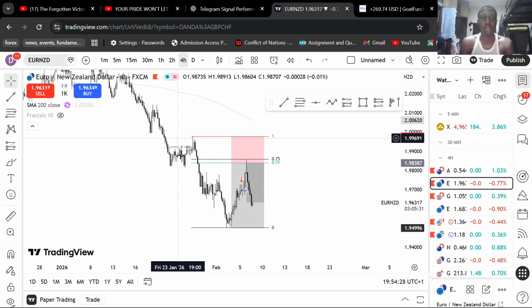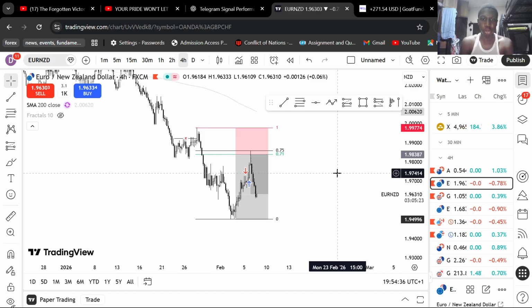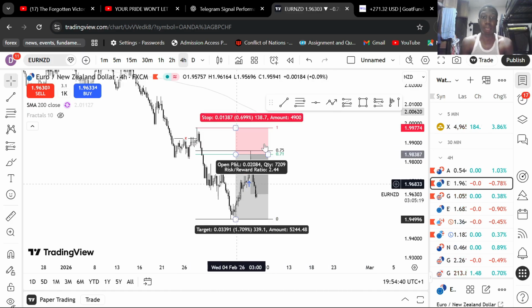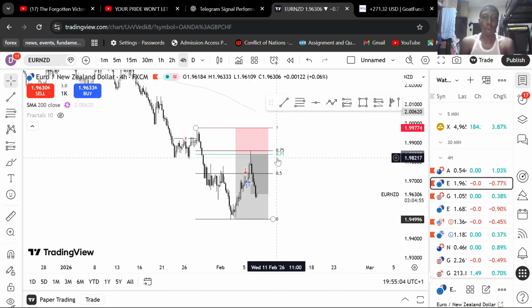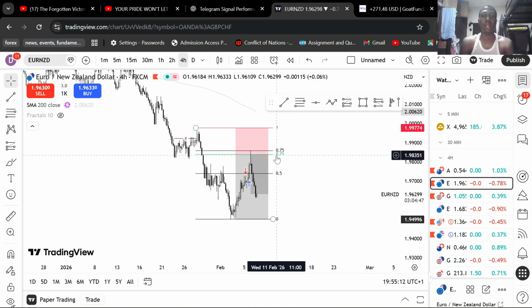We had a sweep of liquidity and the formation of the swing high and the swing low. So I just dragged my Fibonacci tool and put my limit order on the 0.71, which is above the 0.5, which means my entry was at a premium price.